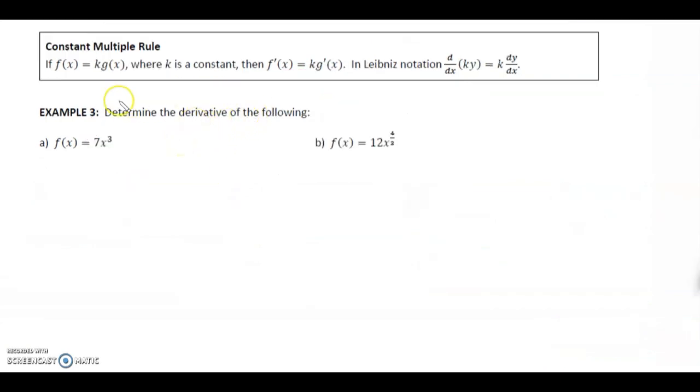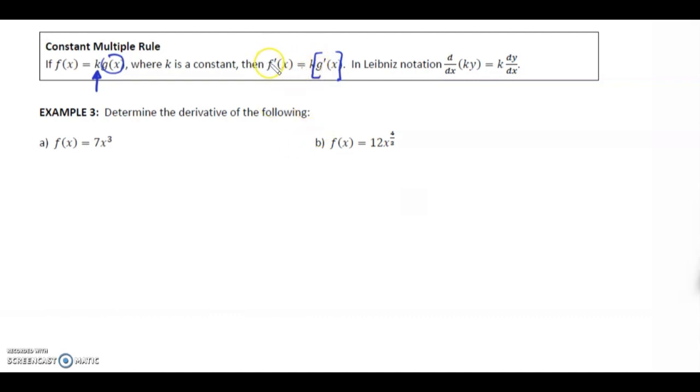A constant multiple rule. If f at x equals k times g at x, so if there's some value k in front of some function, and k is a constant, then when we solve for the derivative of f at x, what we can do is essentially pull the k out and just multiply it by g prime at x, or the derivative of g at x, whatever you want to call it.